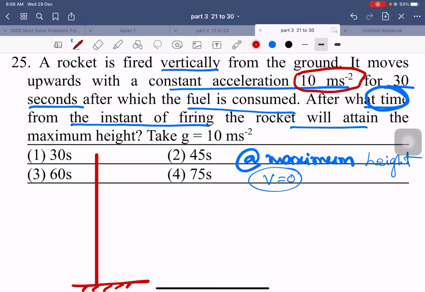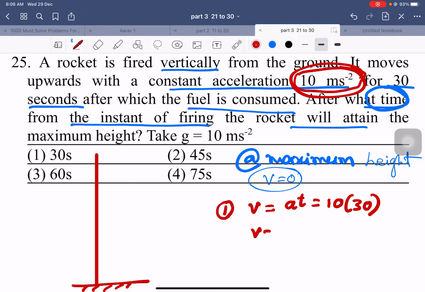Part number 1: v is equal to u plus at. Fired vertically upwards means initial velocity is 0, so v is equal to at, which is 10 into the time for which it accelerates, 30. So v will be equal to 300 meter per second.